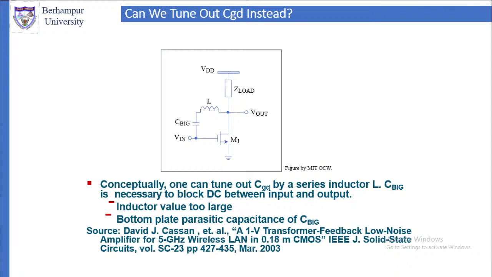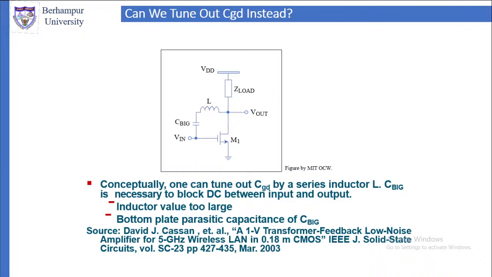That too you cannot avoid. So that will be there. The inductor value is too large, so the inductor size will be very large. Both the plate and parasitic capacitance of CBIG will also come into the picture. But this is not advisable.